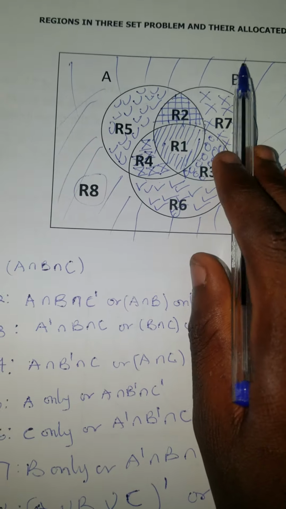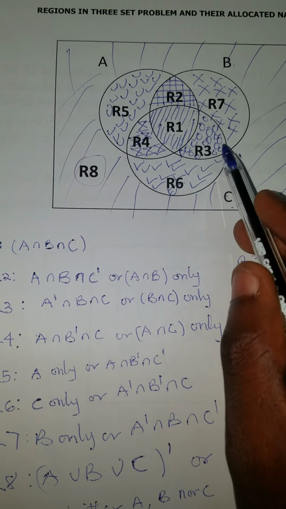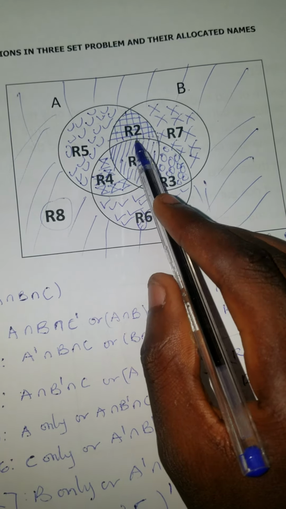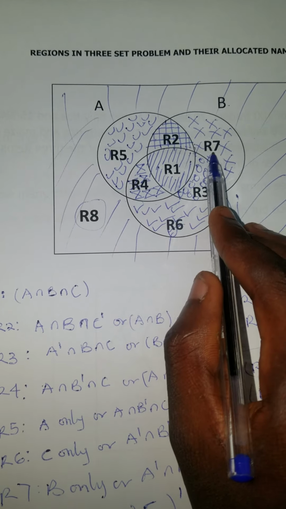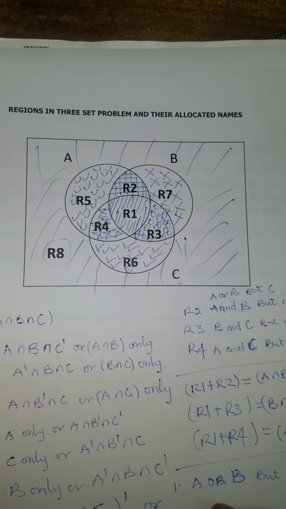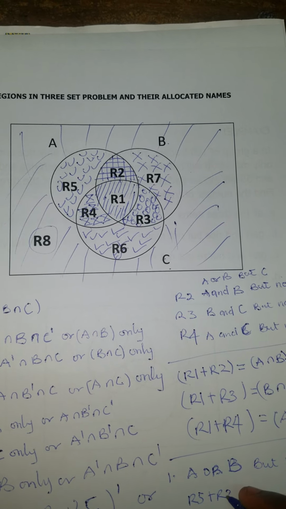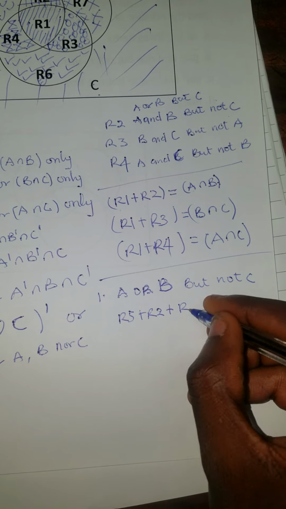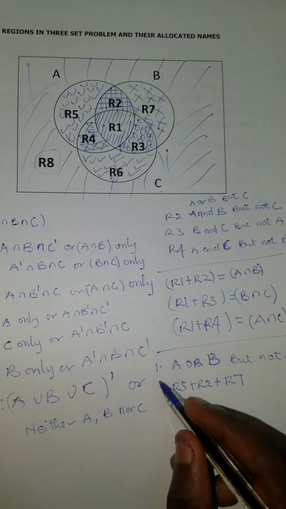A or B, but not C. It means that you take the whole of the C circle out. What is left is what? Region 5, region 2, and region what? 7. Region 5 plus region 2 plus region 7 is what they are talking about if you hear this.